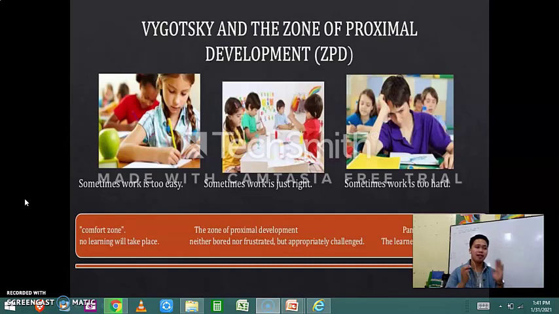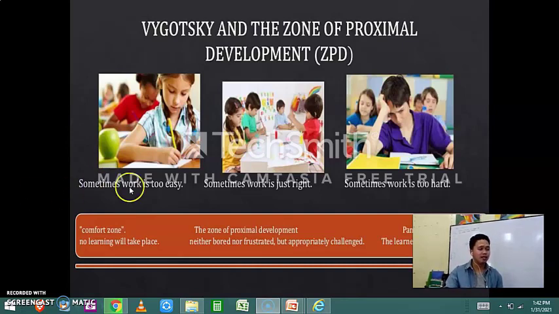So yung ZPD, Lev Vygotsky believed that students or children learn from adults or learned individuals. Example, ang mga bata when they are in primary ages, kailangan they have to go to school and be taught by the teachers so that they can learn.